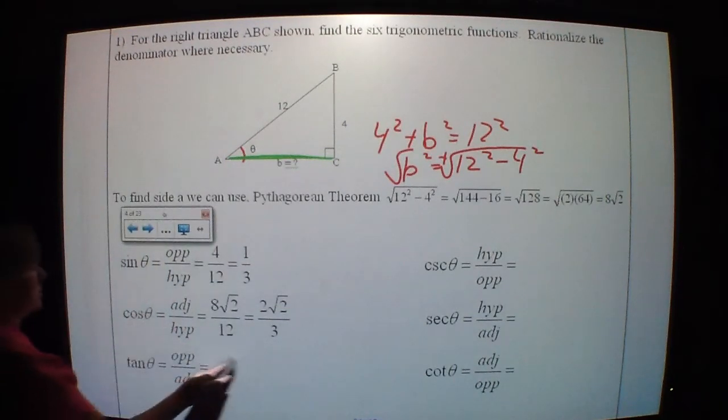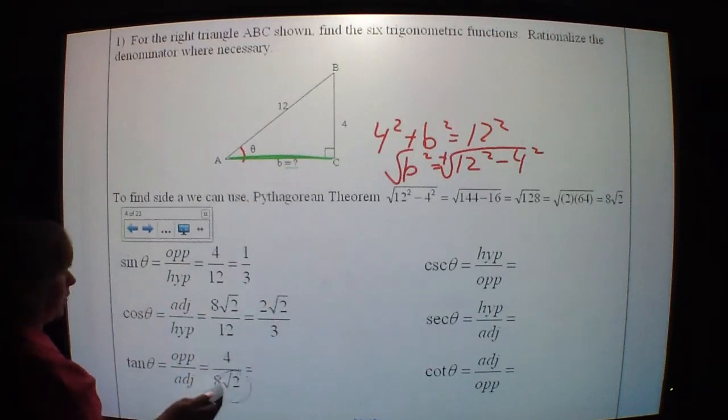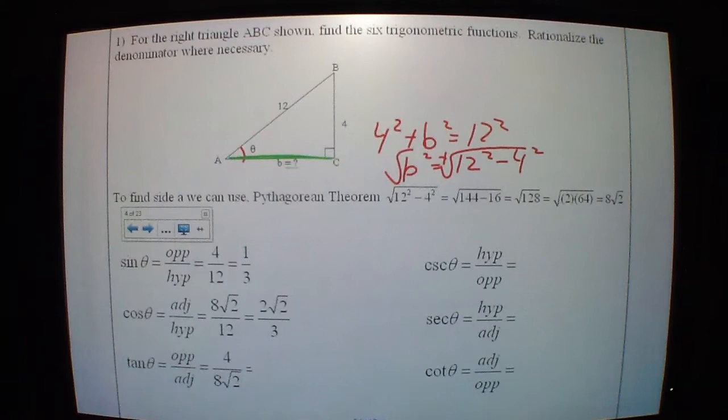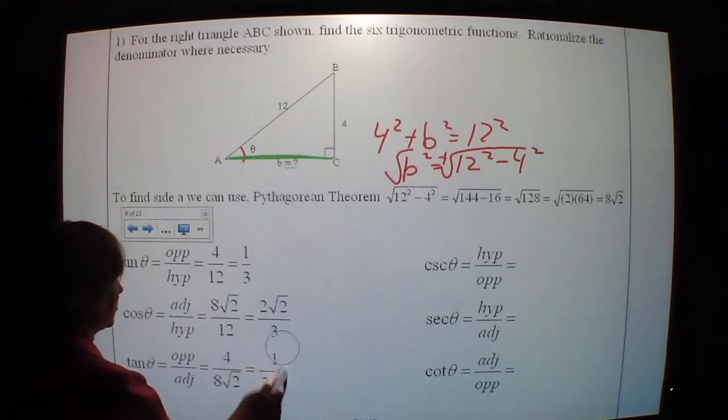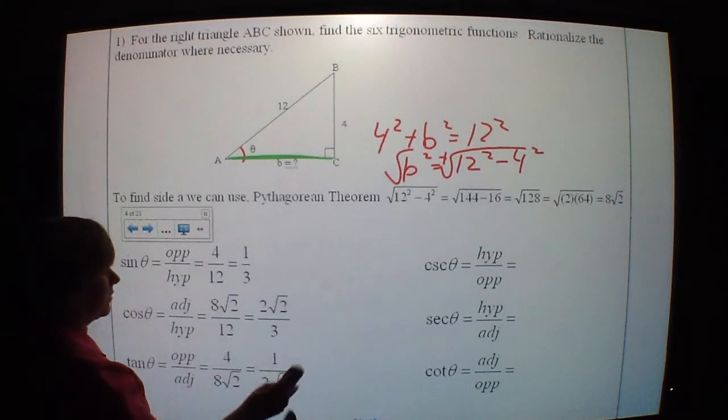Tangent is opposite, which is 4 over my adjacent, which was 8 radical 2. I can reduce it now or rationalize the denominator. It really doesn't matter what you're doing, but I'm going to reduce first. To rationalize the denominator, I need to multiply top and bottom by radical 2. So I end up with radical 2 over 4.